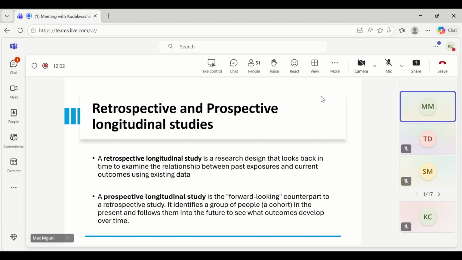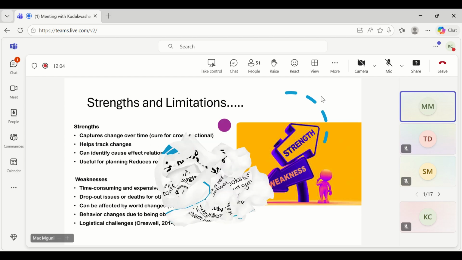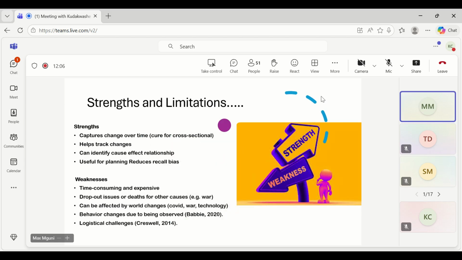All right, some of the strengths and limitations of these longitudinal studies. They capture change over time. These are the strengths. They help to track changes. For example, remember the example I gave about checking respiratory health during winter.